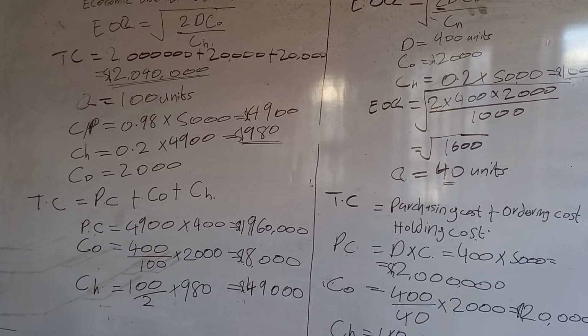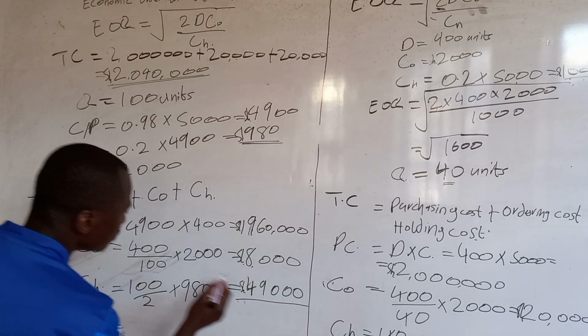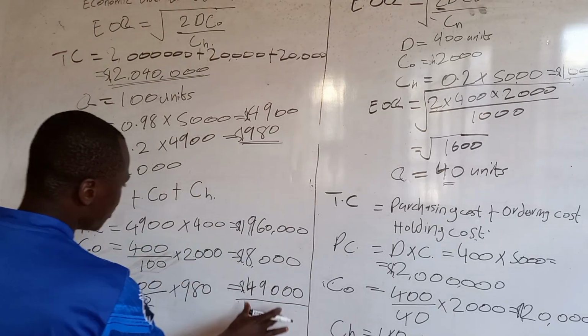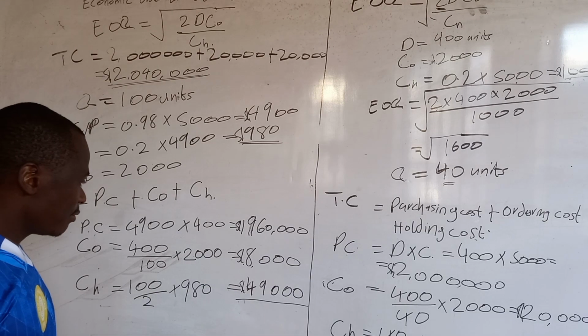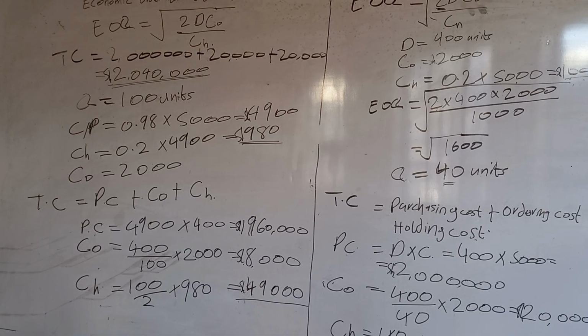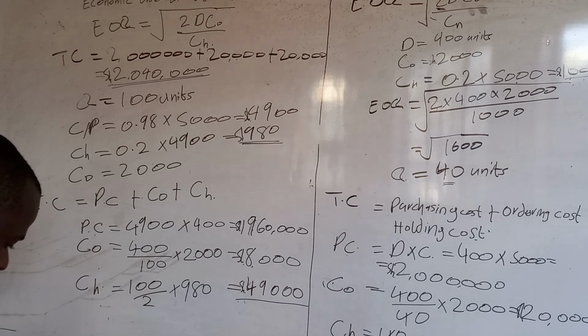Now, what is the total cost? The total cost, we just add this: 49,000 plus 8,000 plus 1,960,000. What do you get?